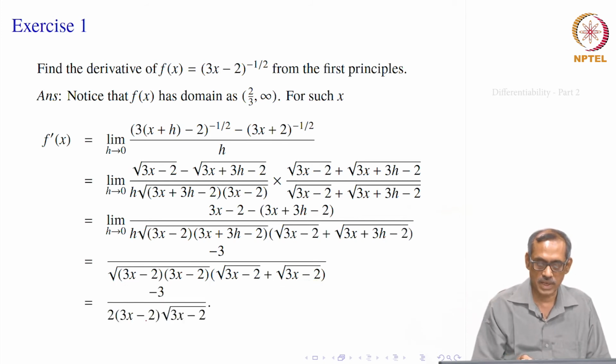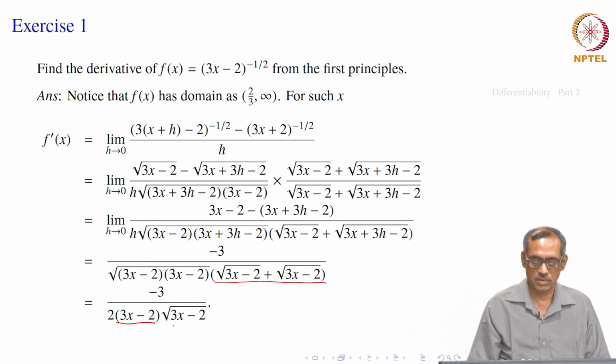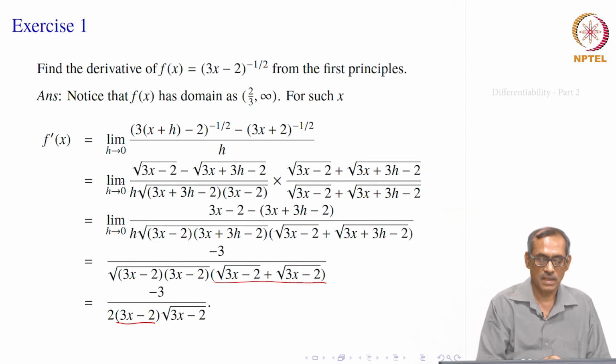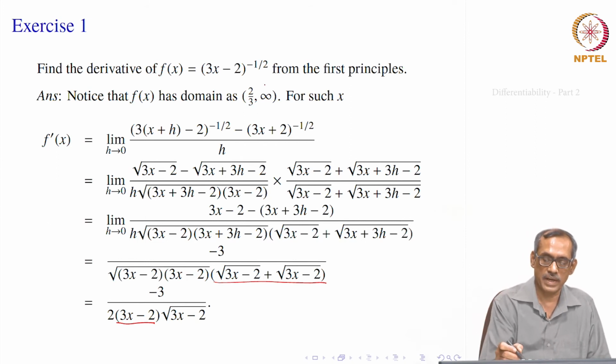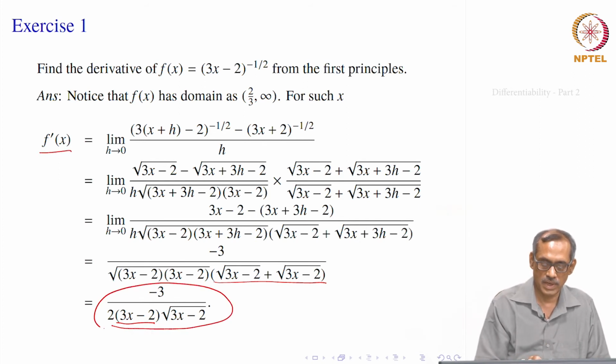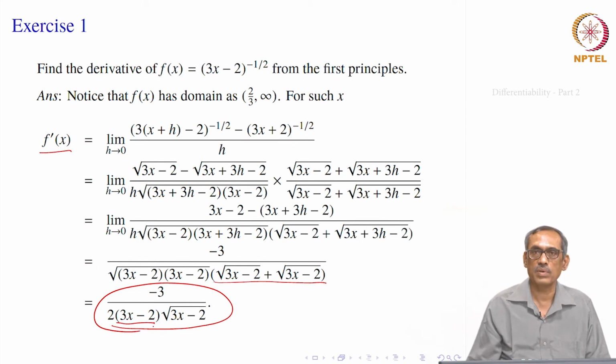And it is just a simplification of that. So, this gives minus 3 divided by 3x minus 2, and this is 2 times square root of 3x minus 2. So, that is the answer, that at every point of its domain it is differentiable and its derivative is equal to this one, minus 3 divided by 2 into 3x minus 2 square root of 3x minus 2.